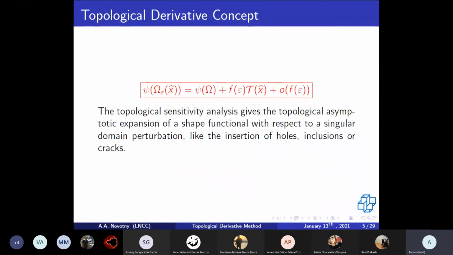So once we know this first order correction, then suppose that we want to minimize this shape function, then we can use this first order correction as a steepest descent in an optimization process, for example, in order to minimize the shape function.